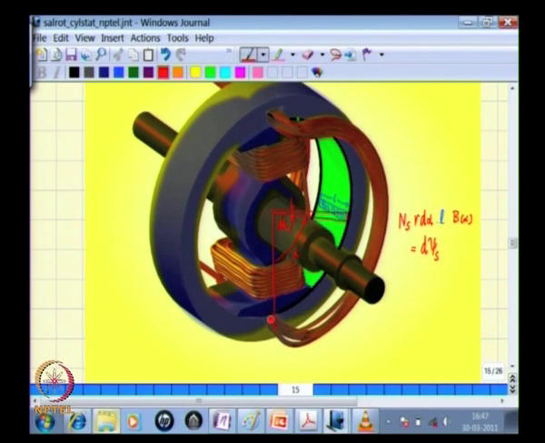Therefore, the flux linking the coil is the flux crossing the inner circumferential area spanned by this coil, and that area is obtained by sweeping alpha from 0 to 180 degrees.